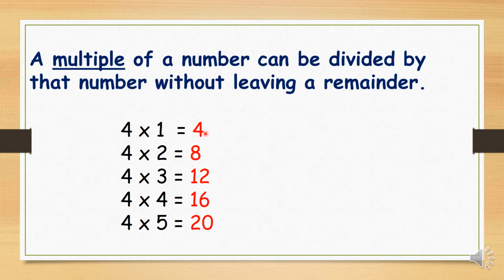And we know that 4 into 4 goes 1 time. 8 is a multiple of 4, so 8 divided by 4 gives us 2. 12 divided by 4 gives us 3. 16 divided by 4 gives 4. And 20 divided by 4 gives 5. So all these numbers 4, 8, 12, 16 and 20 can be divided by 4 without leaving a remainder because they are all multiples of 4.